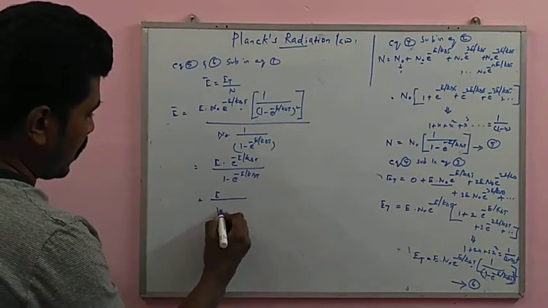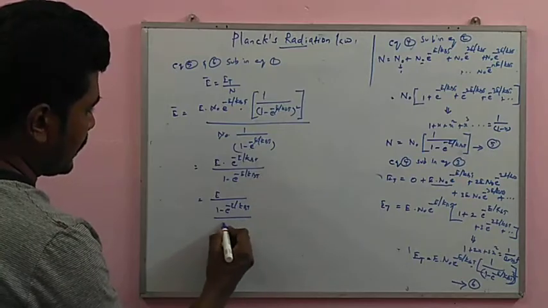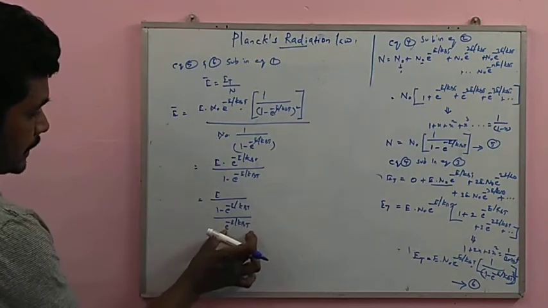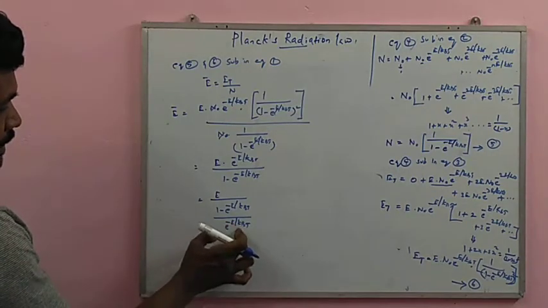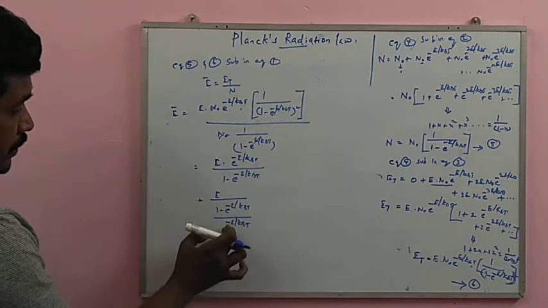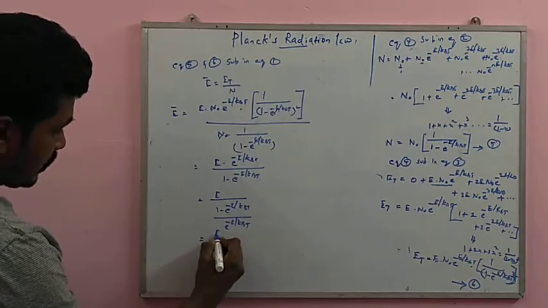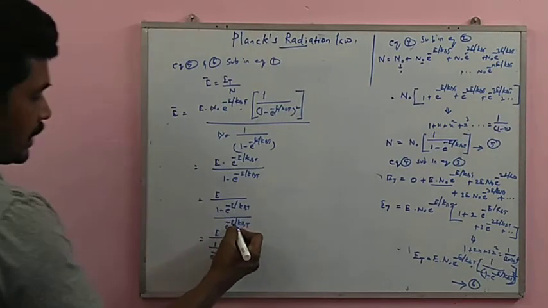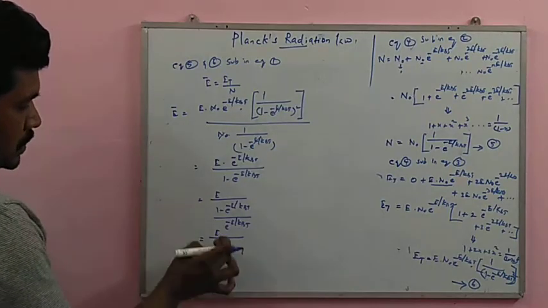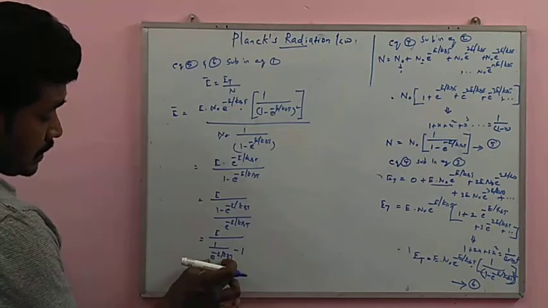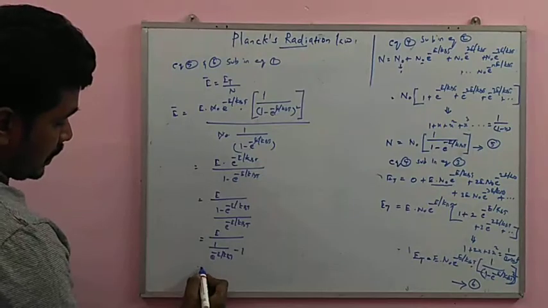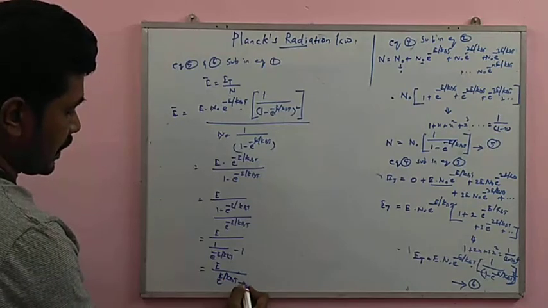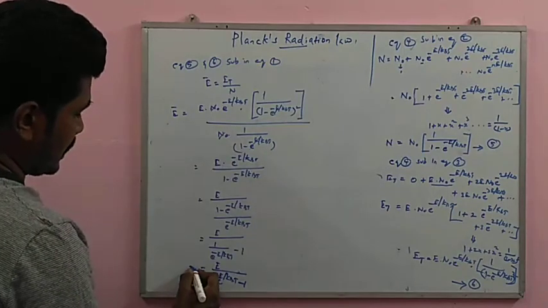So E divided by 1 minus e power minus E by kBT, then divided by e power minus E by kBT. Splitting into two values, 1 by e power minus E by kBT minus e power minus E by kBT divided by e power minus E by kBT, which is 1. So the shifted numerator becomes plus, and the answer is E divided by e power E by kBT minus 1. That is the value for the average energy.